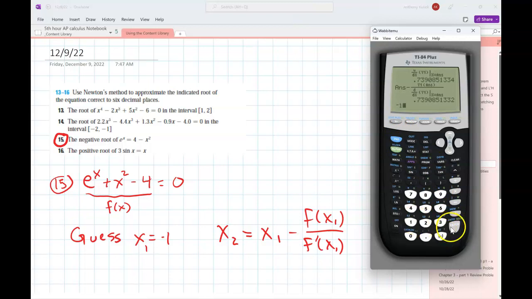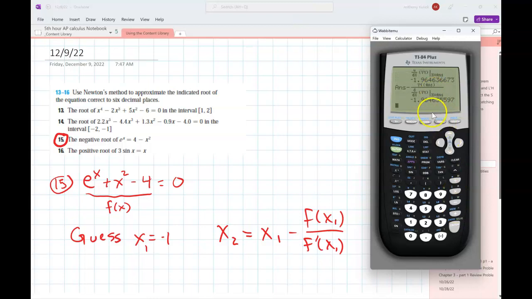I'll pick negative 1 as my guess. And then I'm just going to go back up and recover the setup that I had already on my calculator, so I don't have to go through all the buttons again to do that. And go ahead and press enter, enter, enter, enter.